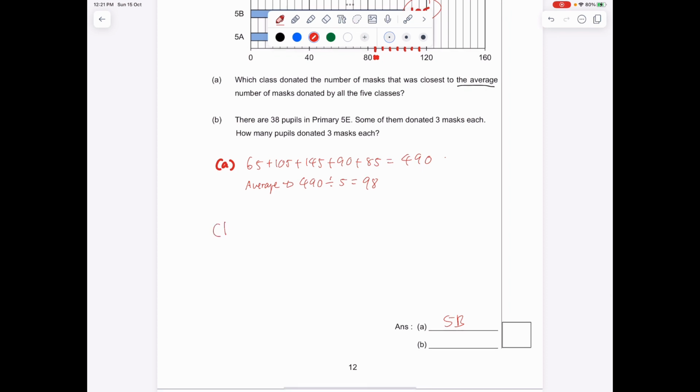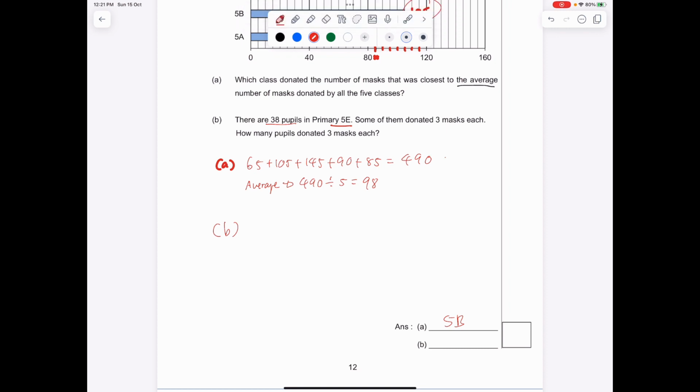And then after that, for B, there are 38 pupils in 5E. Some of them donated 3 masks. How many pupils donated 3 masks each?